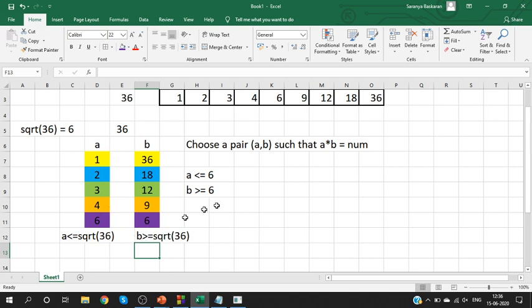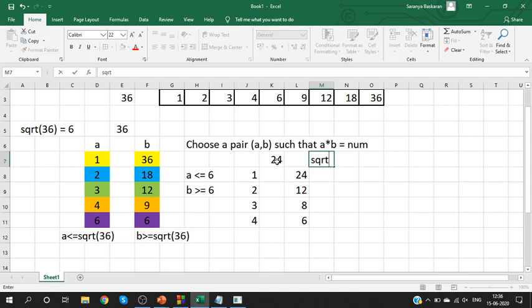So what do you understand from this? For any number, not just for 36, consider 24. Factors of 24 will be 1 into 24, 2 into 12, 3 into 8, 4 into 6. That's it. I have all the factors. So what is the square root of 24?